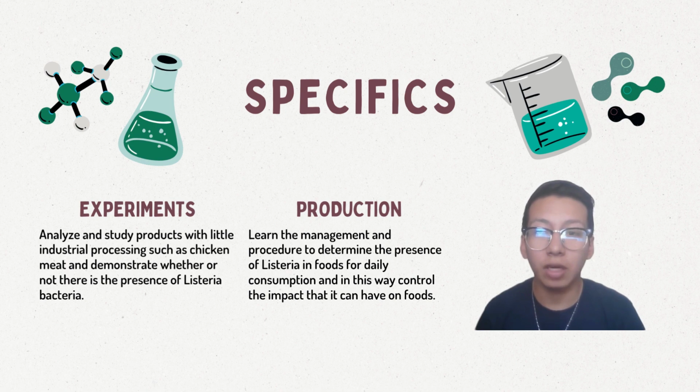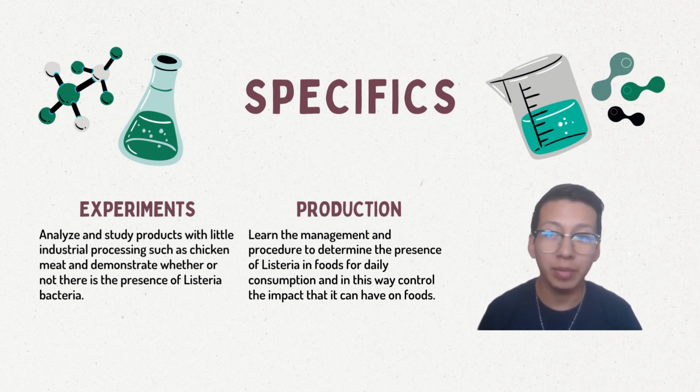The specific objectives were to analyze and study products with little industrial processing, such as chicken meat, and demonstrate whether or not Listeria bacteria are present, and also learn the management and procedure to determine the presence of these bacteria in foods for daily consumption. In this way, we can control the impact that these bacteria will have on foods.